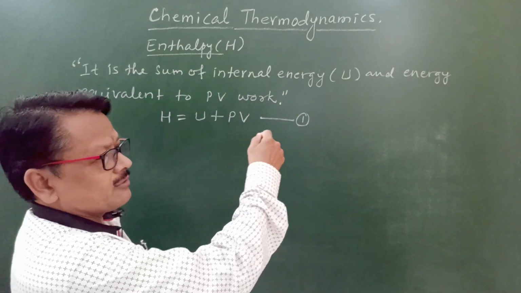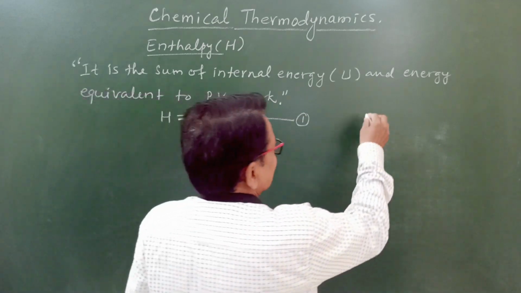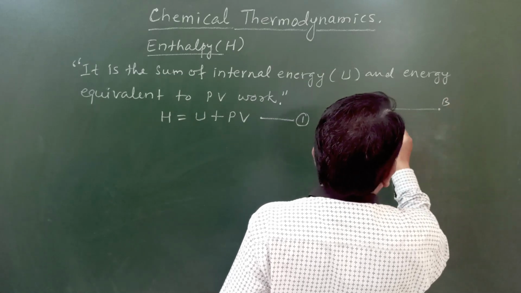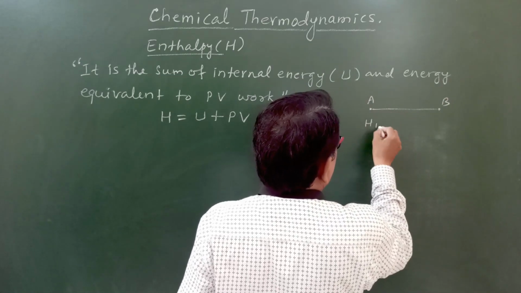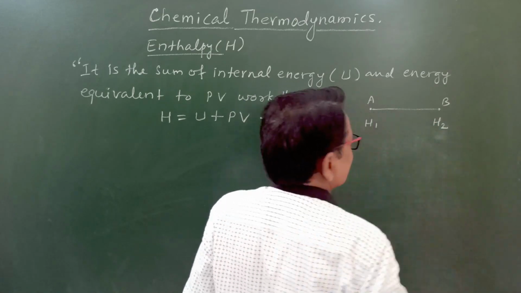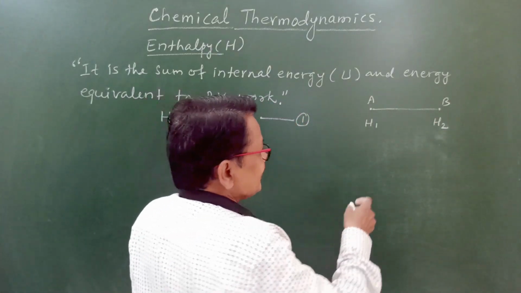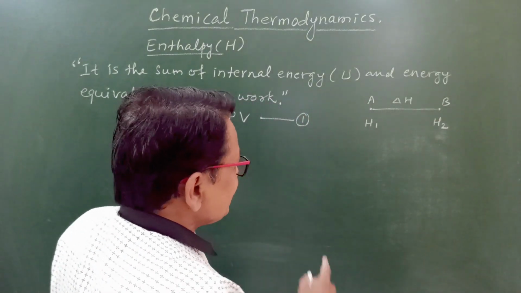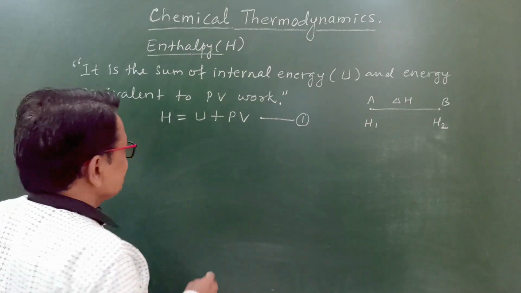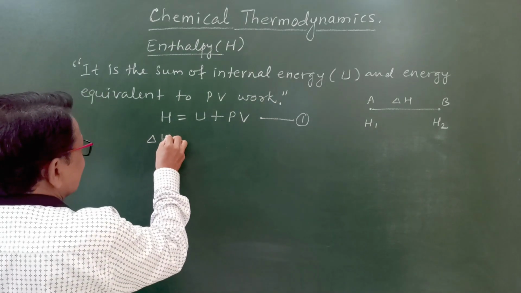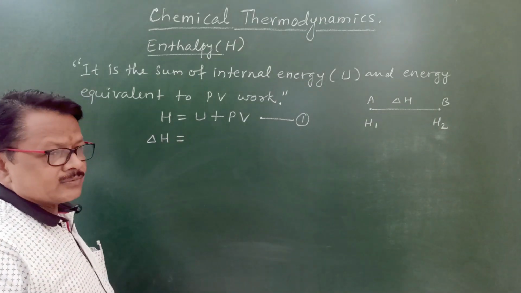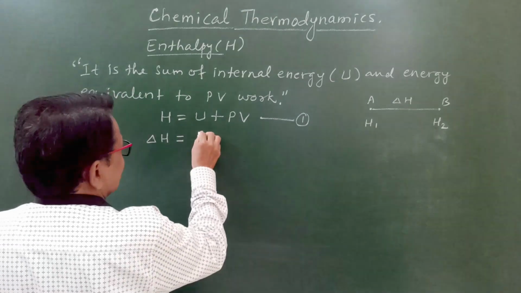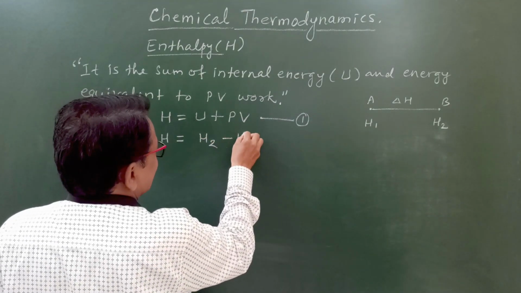When any system goes from initial state A to final state B, and the enthalpy at state A is H1 and at state B is H2, then we can calculate the change in enthalpy, delta H. Since it is a state function, its change can be calculated. Delta H is equal to H2 minus H1, the enthalpy at state B minus the enthalpy at state A.